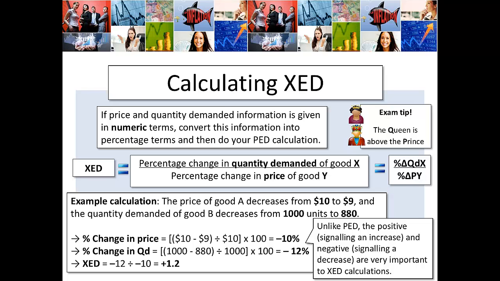And again, whether it is a negative or a positive is crucially important. So in this case, we've got a price decrease and quantity demanded for good B decreasing as well. So that's a negative divided by a negative number. Negative divided by a negative will give us a positive.